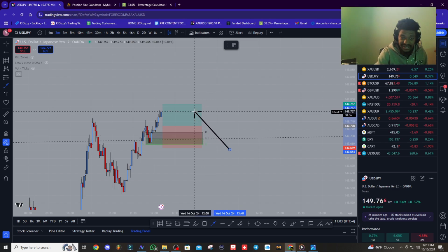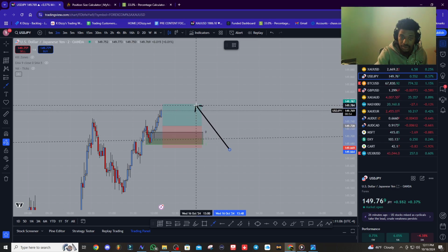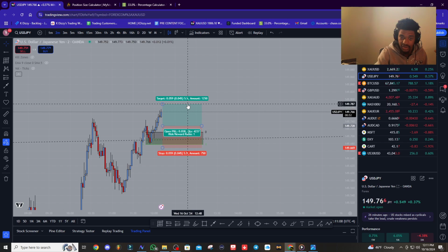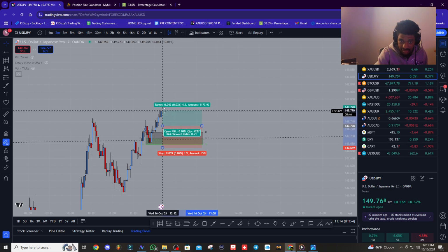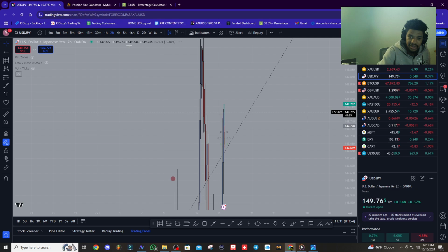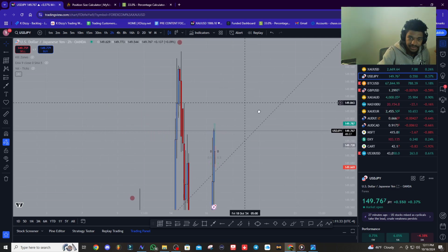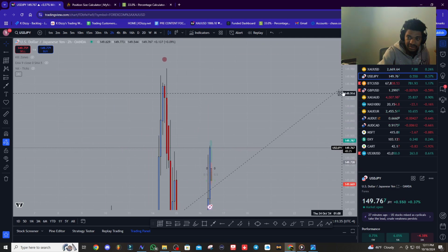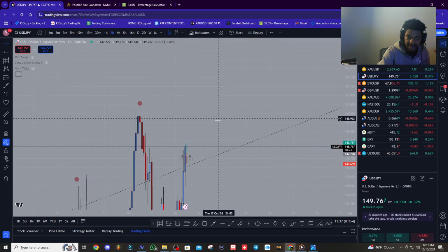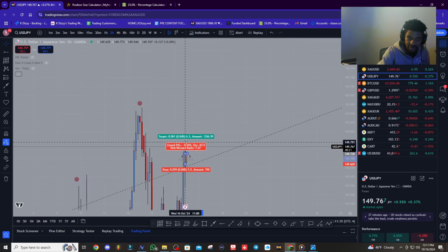So as you can see, it's getting closer to this area right here, which is a 1-to-1. Like I said, if you're risking $1,000, then this is like $700 right here. But then there's a thing called potential and liquidity and things like that, and market structure that, if you understand it, is going up higher.